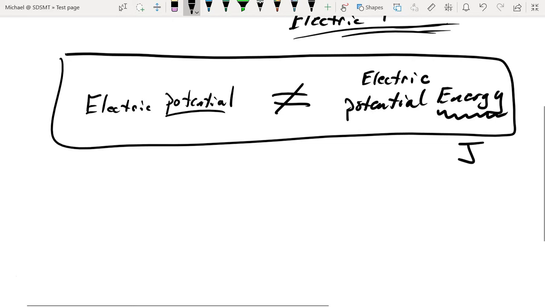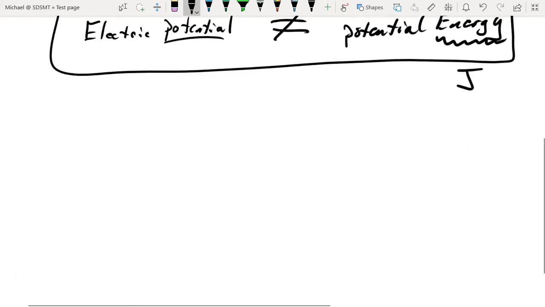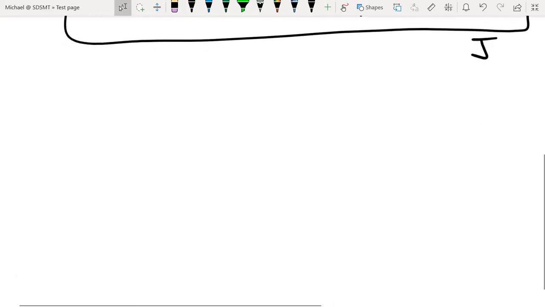And this is the definition that our book and our author have for electric potential. So I'll just go ahead and put this on the screen here, and then we can start working our way through some of the math related to this topic.